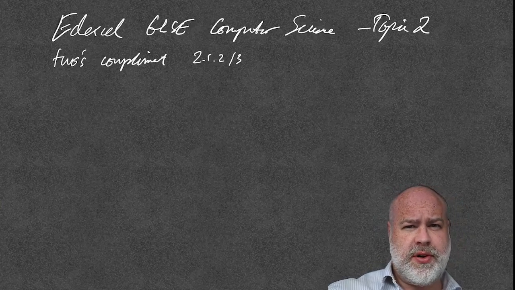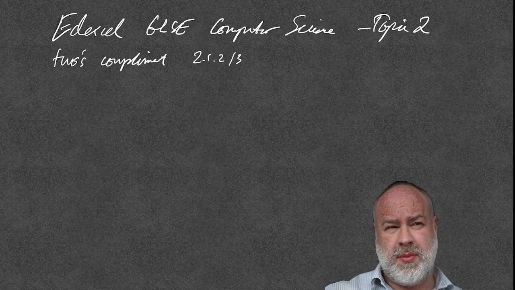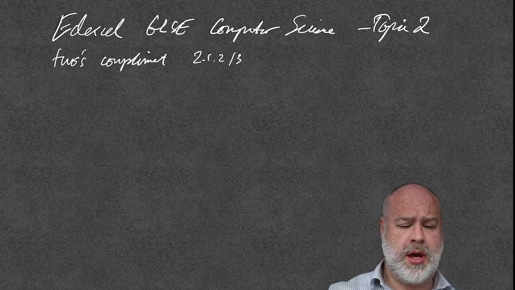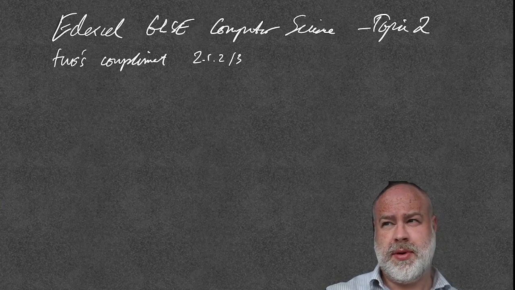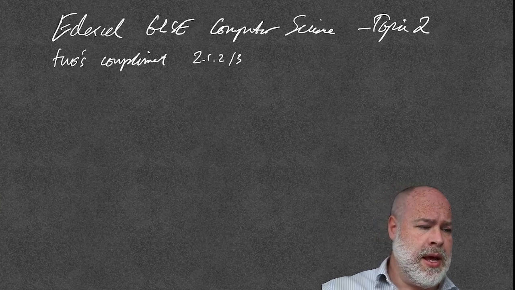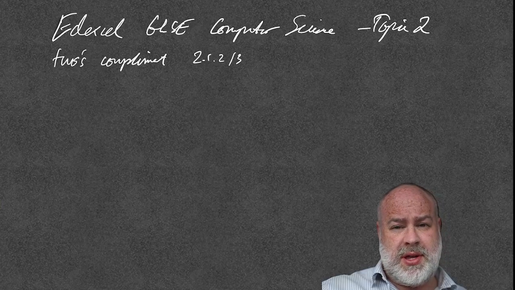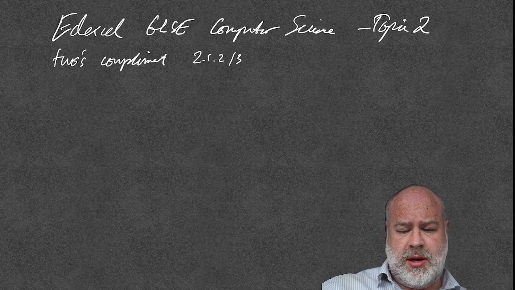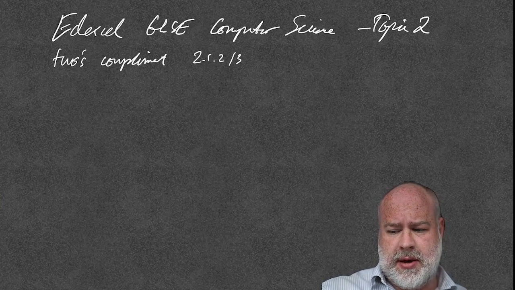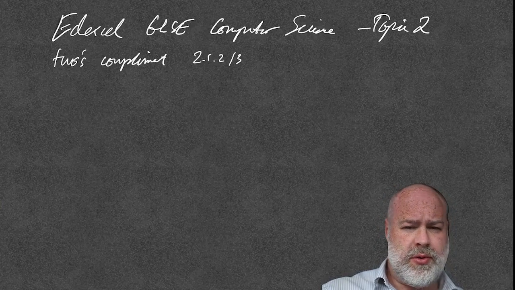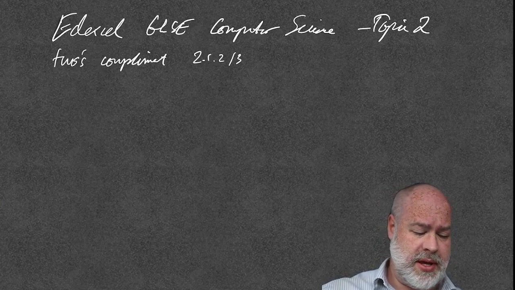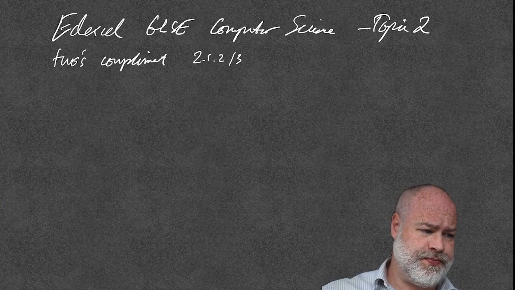So if you watched the first video on topic 2, we talked about what binary numbers are and representing data in bits, rather than denary numbers, which is base 10. We only were working with positive integers in that particular overview. But of course we have negative numbers to deal with, and that's where 2's complement comes in.